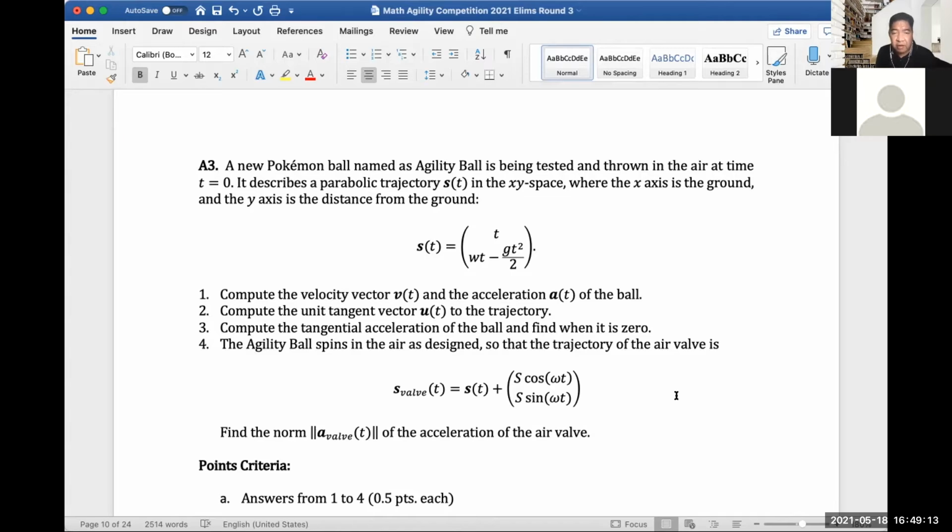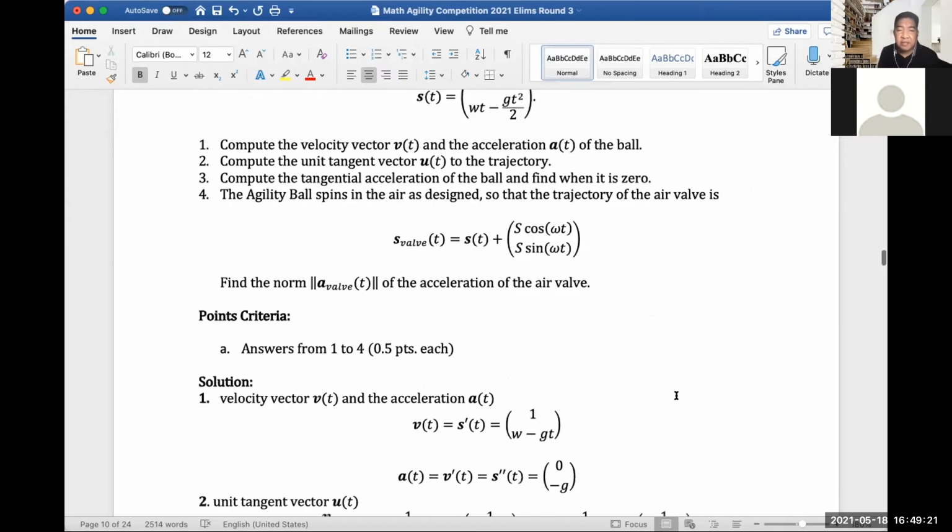Find the norm of a sub ball of t, the acceleration of the ball. For questions 1 to 4, that's 5 points each. So let's start with the velocity vector v of t and the acceleration a of t.